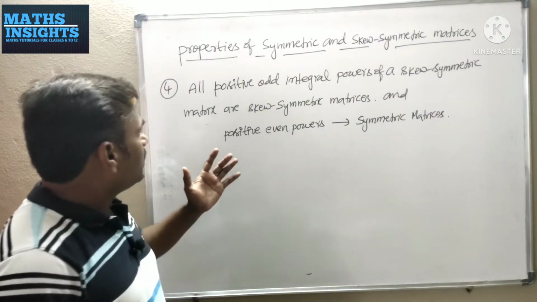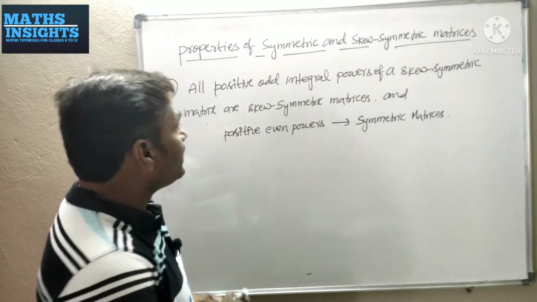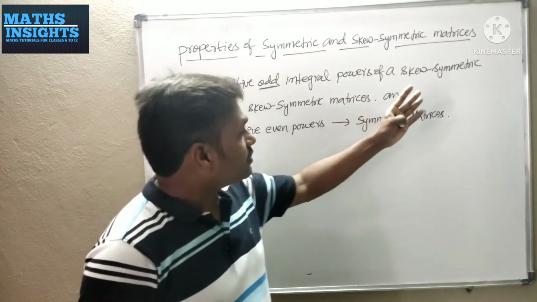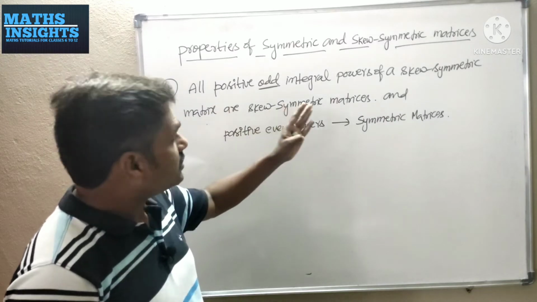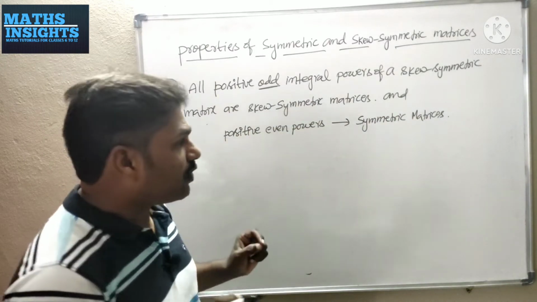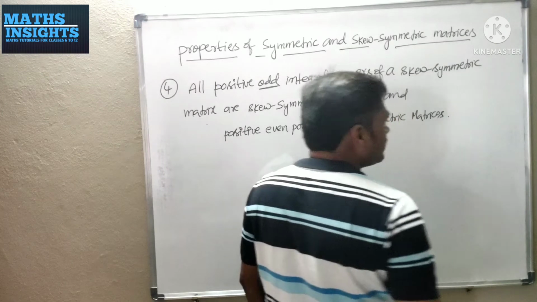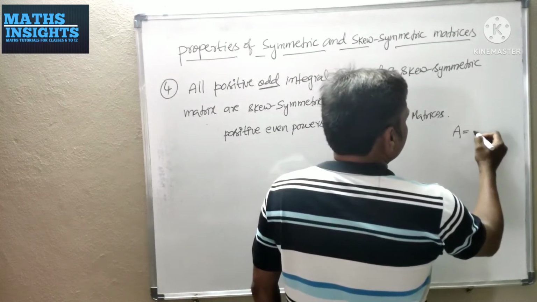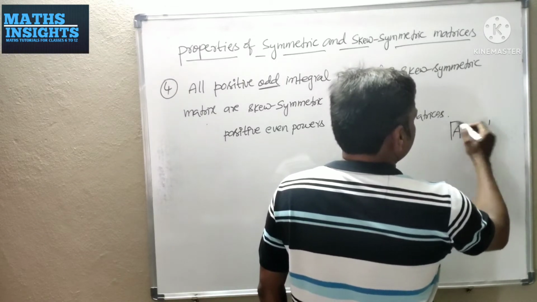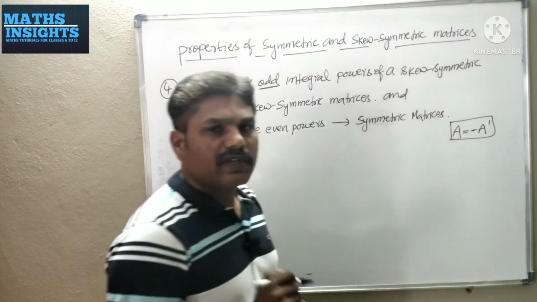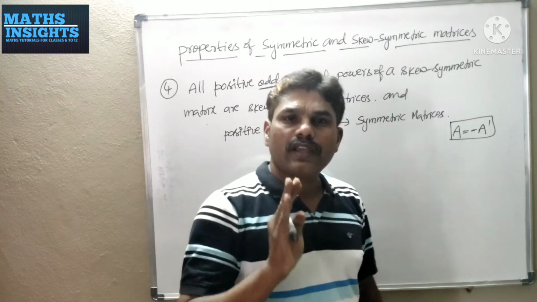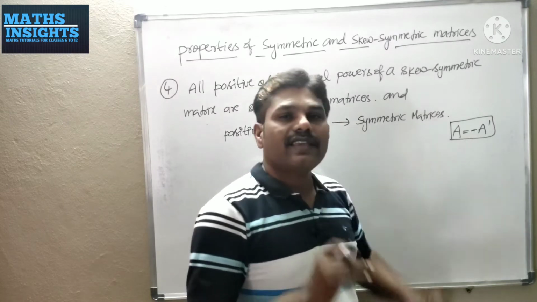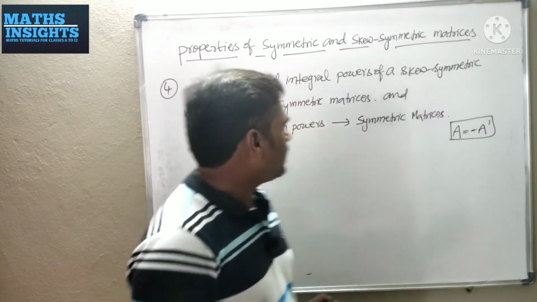The fourth property says that all positive odd integral powers, this is very important, odd integral powers of a skew symmetric matrix are skew symmetric. Again, you have to know what is meant by a skew symmetric matrix. If A is equal to minus A dash, whereas previously the condition for symmetricity is A equal to A dash, then this A is said to be a skew symmetric matrix.